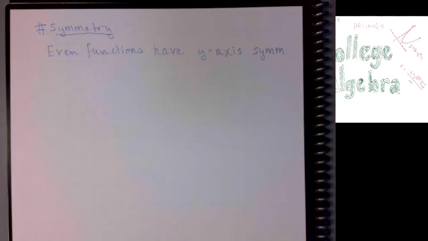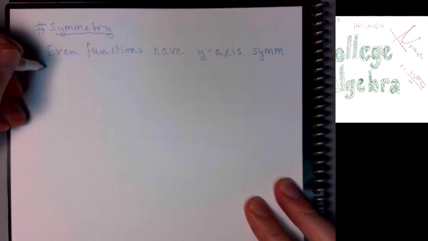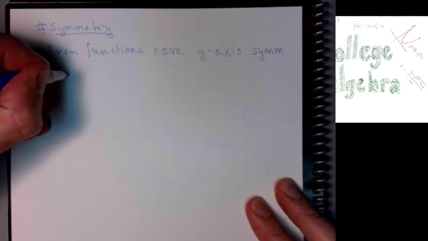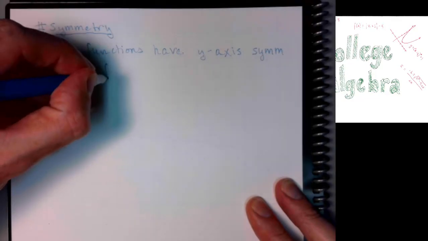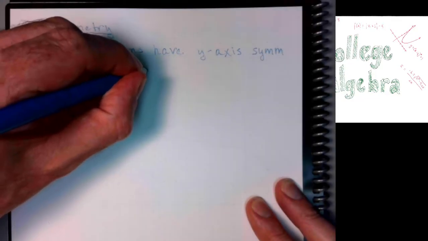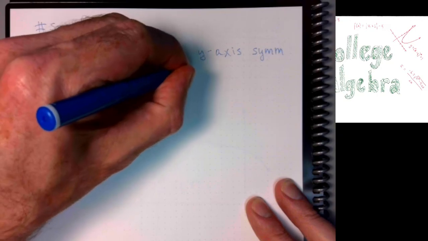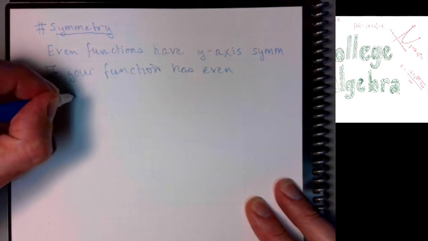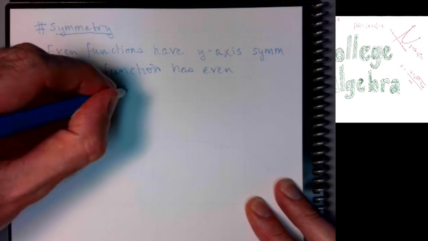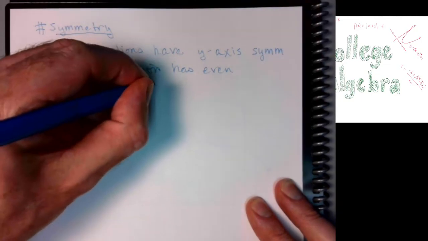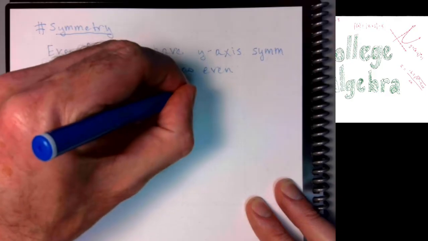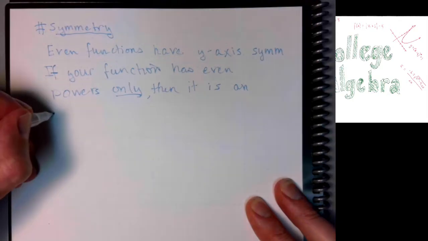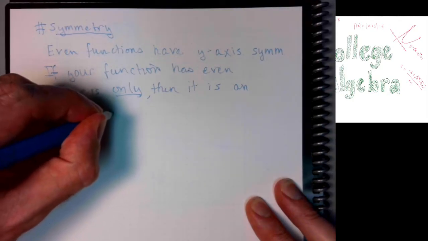Okay, so even functions have y-axis symmetry if your function has even powers only, then it is an even function.